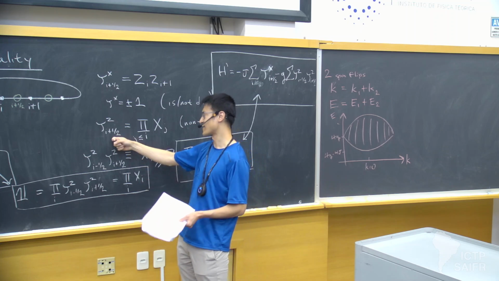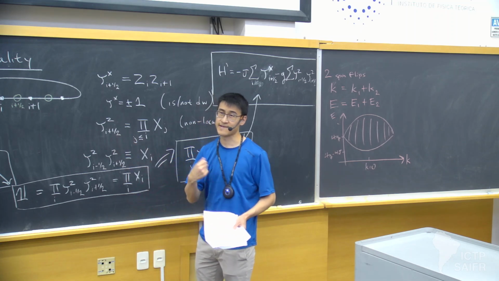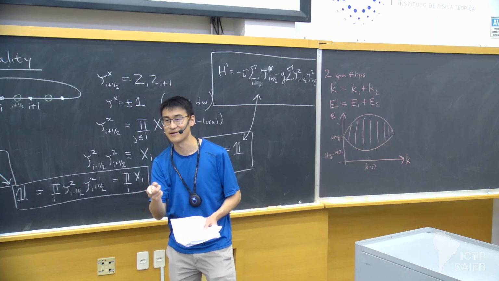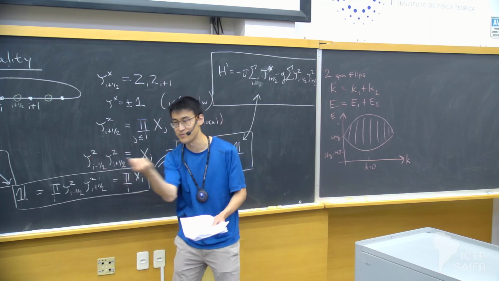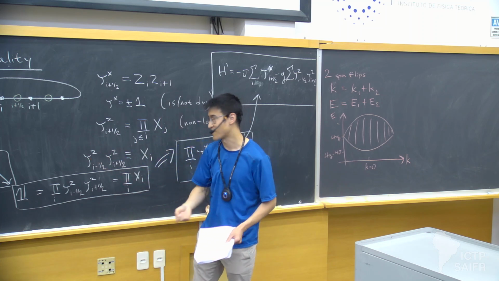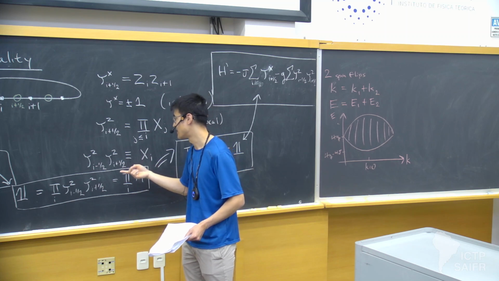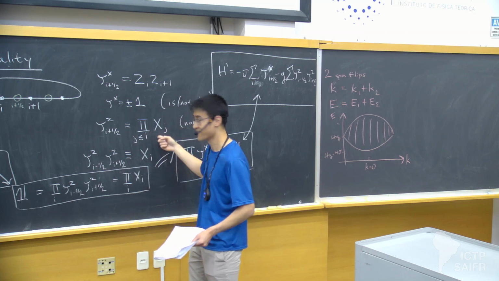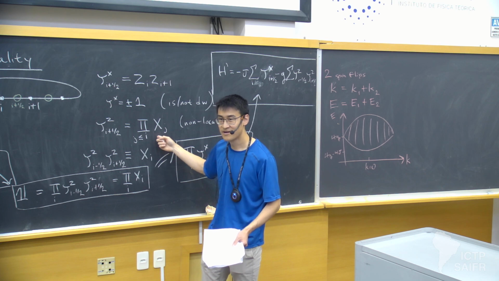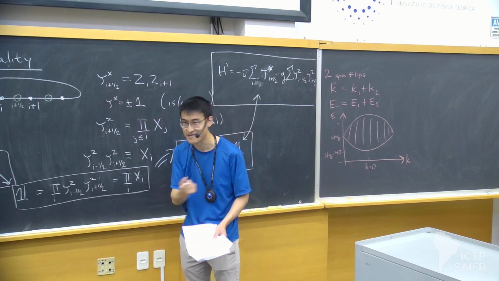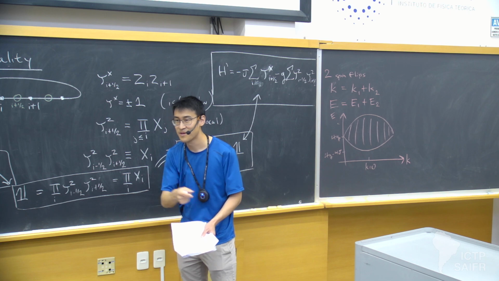So tau Z, I argued, is a domain wall creation, which involves flipping a whole string of qubits before it. Similarly, if I wanted to do the physical Z operator, that would correspond to a string of tau x's behind it.